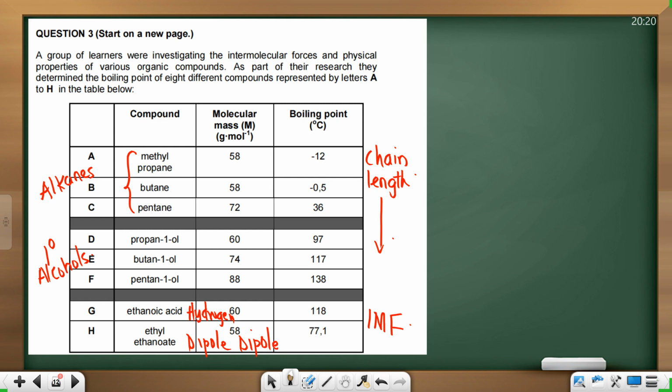Wait, Nonkuleko. Molecular forces compared to propanol. Okay, Nonkuleko, calm down. Wait. Yes. What was your first point again? I said ethanoic acid has two sides of hydrogen bond.